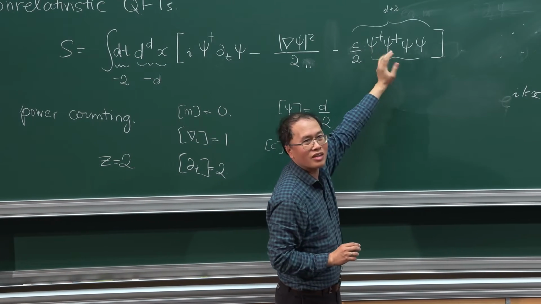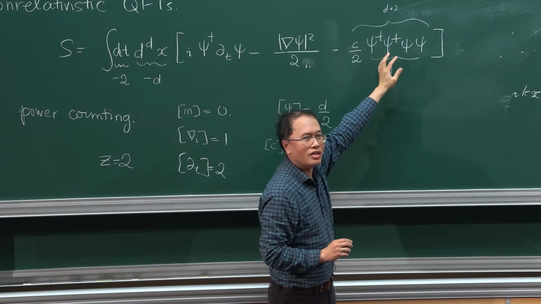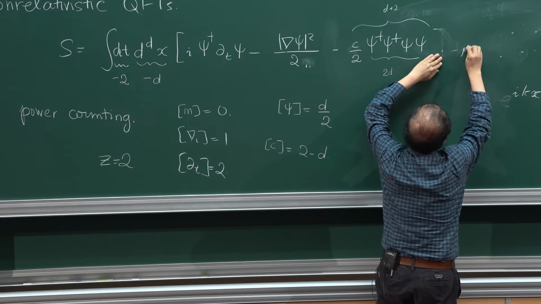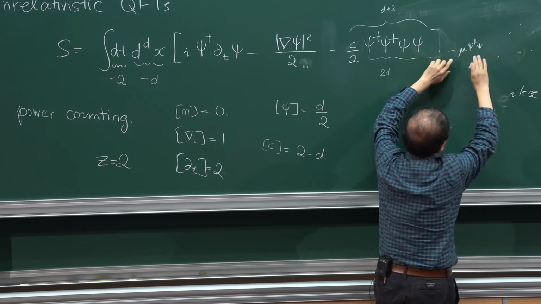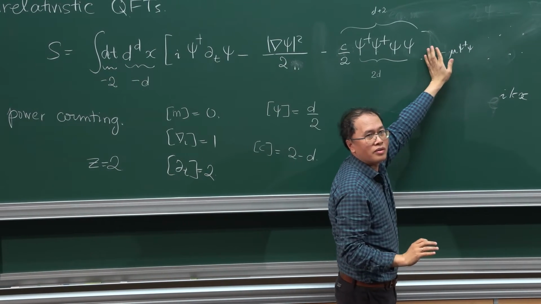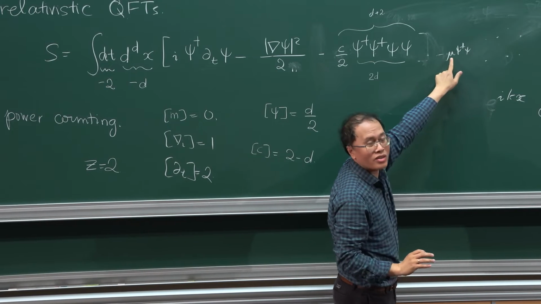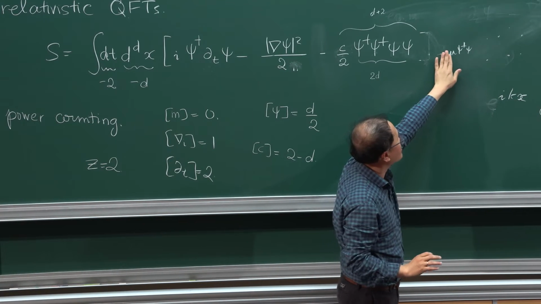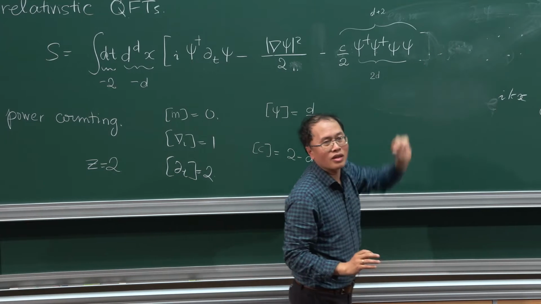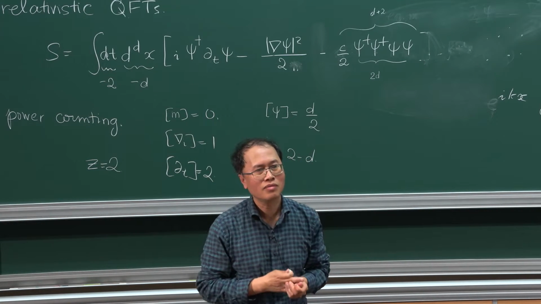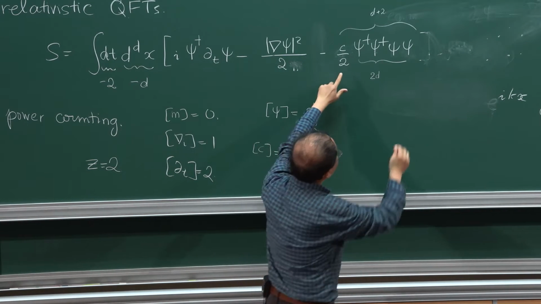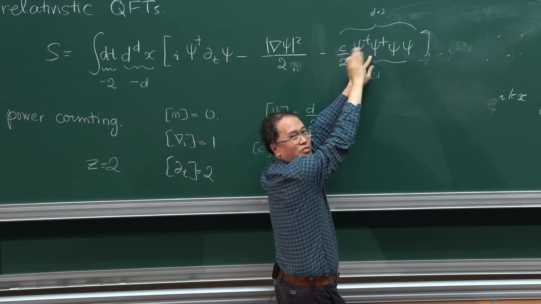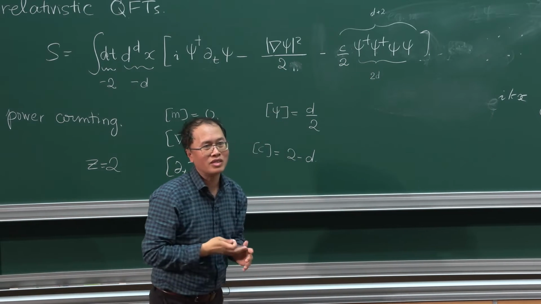If I order the interaction slightly differently, the result will be simply a shift of a chemical potential, which I set to 0. In principle, we can also include a term like mu psi dagger psi in the Lagrangian. I set it to 0. That corresponds to a zero chemical potential. The interaction I've written so that all the operators psi dagger stay on the left and the psi on the right. So that term is 0.